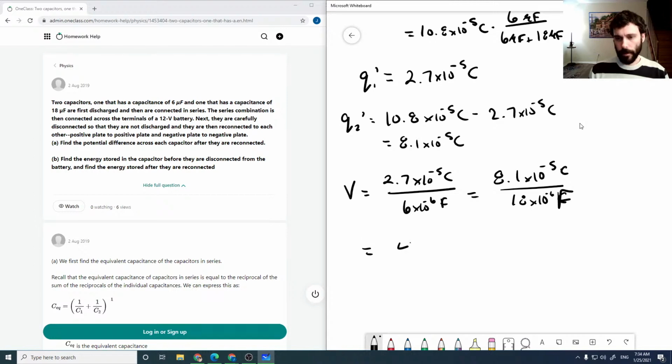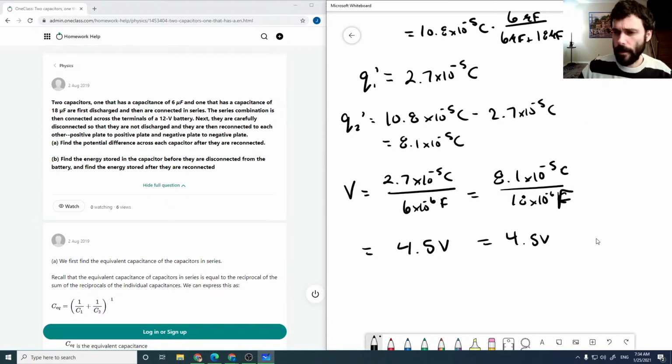And we can verify that indeed we get 4.5 volts in both cases. So that's as asserted. We asserted that the voltages should be the same, and they come out to be the same, so we didn't make any mistakes. So there's our potential differences across each capacitor.